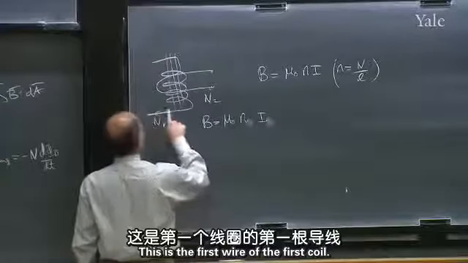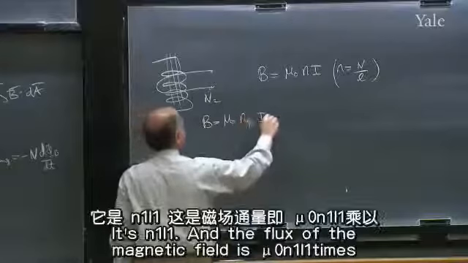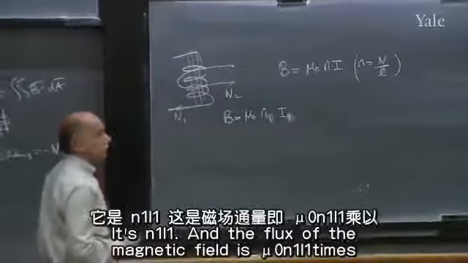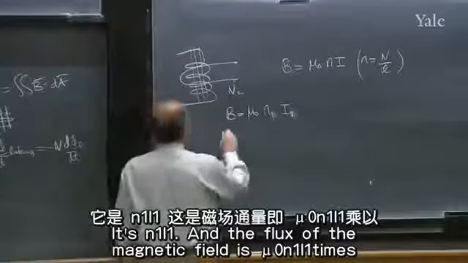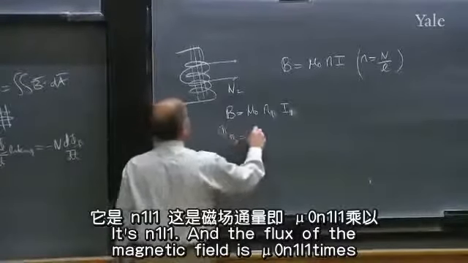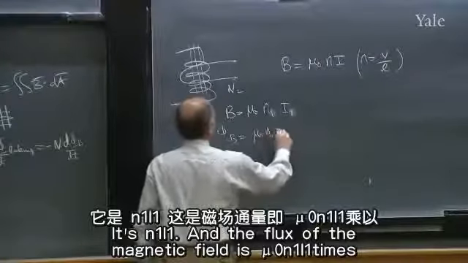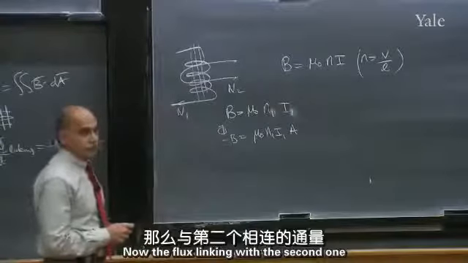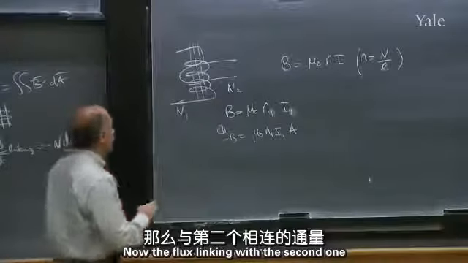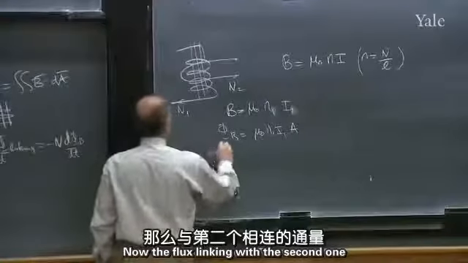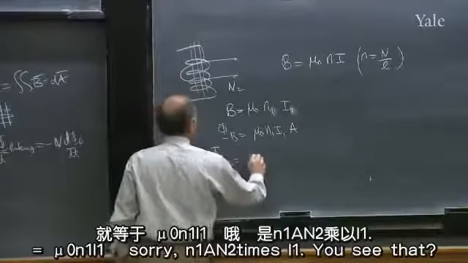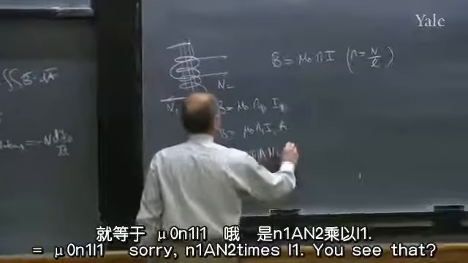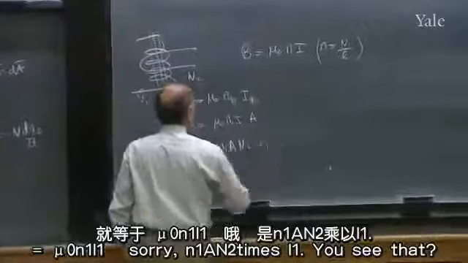This is the first coil, this is N1, I1. And the flux of the magnetic field is mu0 N1 I1 times the cross-sectional area of the coil. Now the flux linking with the second one is equal to mu0 N1 A N2 times I1.